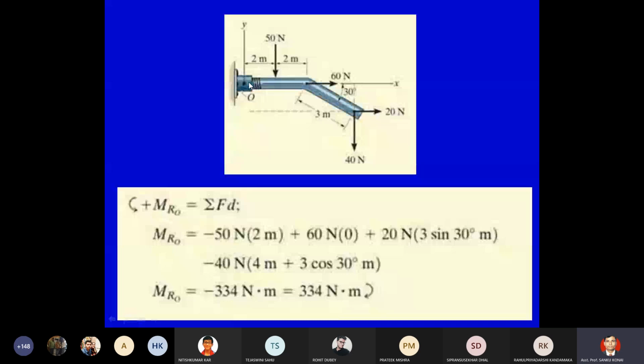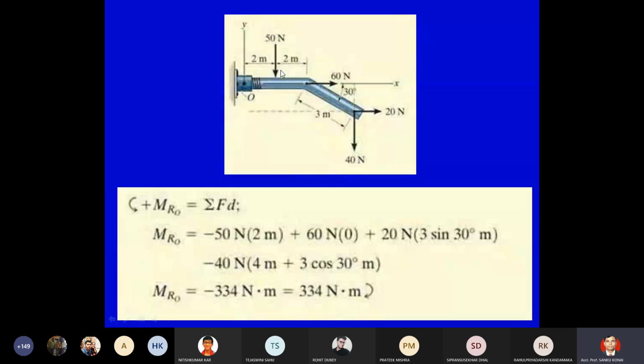Perpendicular distance is 0, so 60 into 0. Also this 20 Newton force, whose vertical distance will be 3 sine 30. So 3 sine 30 times 20, that is actually anti-clockwise, so that is positive. And this 40 Newton force is actually clockwise, and that value will be, as someone rightly said, 4 meter plus 3 cos 30.